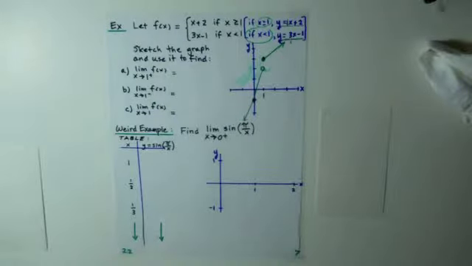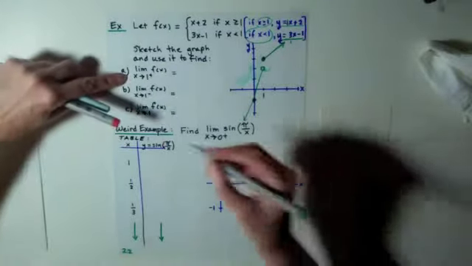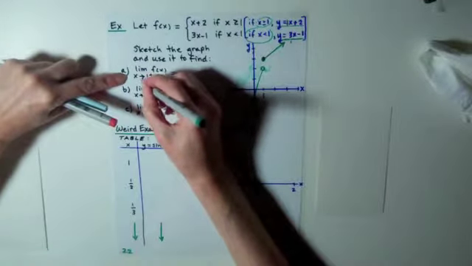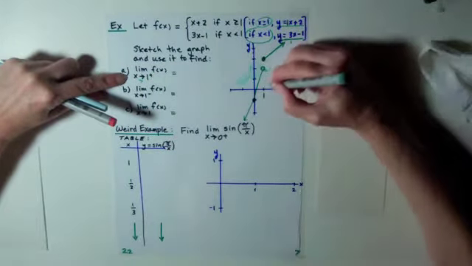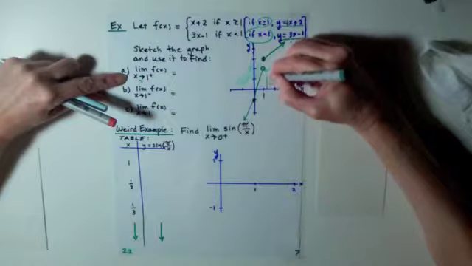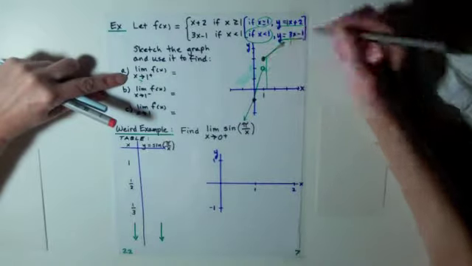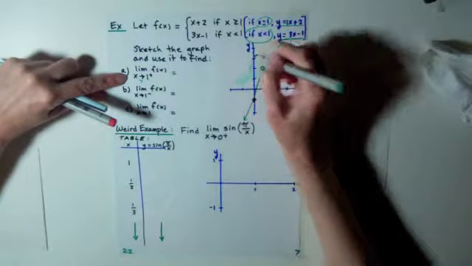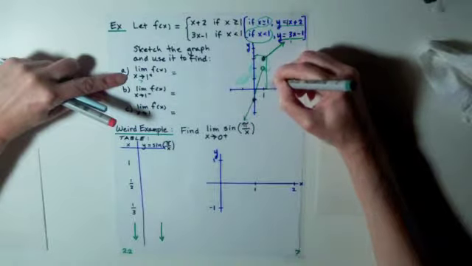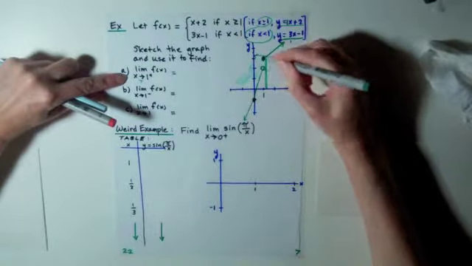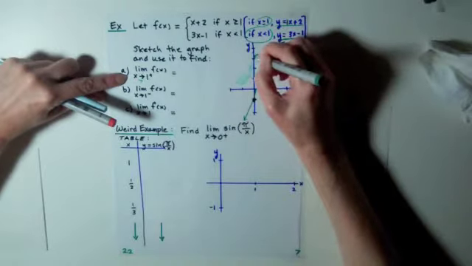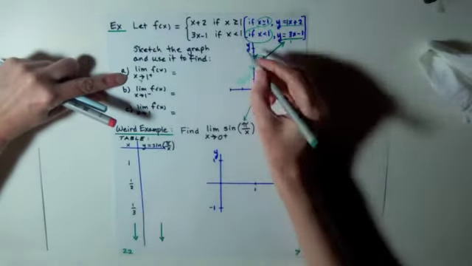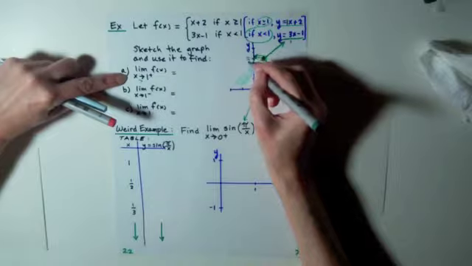To find the limit from the right, remember you're looking at values that are greater than 1, and so to get those you'd go through values that are a little bit larger than 1. You go up to the graph that we drew and over to the y-axis. It appears that as I get closer and closer to 1, the outputs are getting closer and closer to 3.